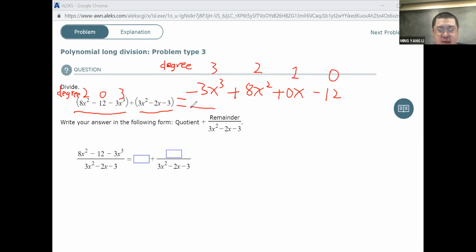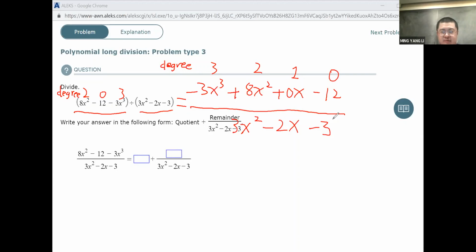Then, for the divisor, we also have to check the same stuff. We have degree 2, 3x squared, minus 2x, degree 1, minus 3, degree 0. 2, 1, 0, perfect. So this should always be our first step.